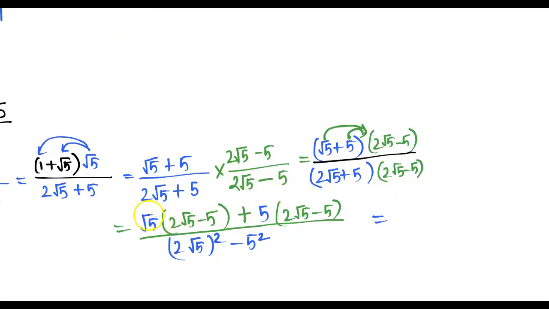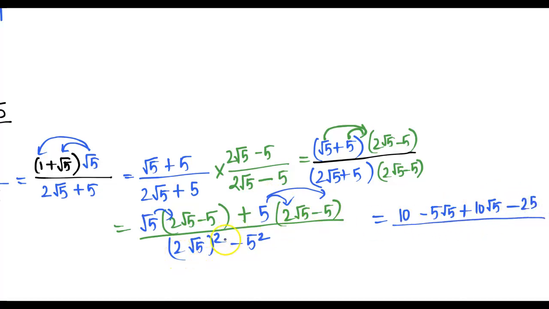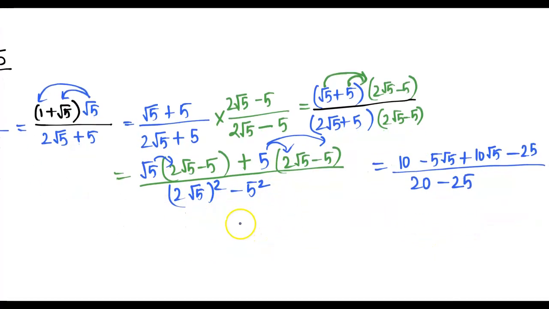Now if we expand this, 2 root 5 times root 5 is 5, that means 2 times 5 will give us 10, minus 5 root 5, plus 5 times 2 root 5 will be 10 root 5, minus 5 times 5, negative 25. At the bottom, 2 squared is 4, root 5 squared is 5, so 4 times 5 is 20, take away 25.